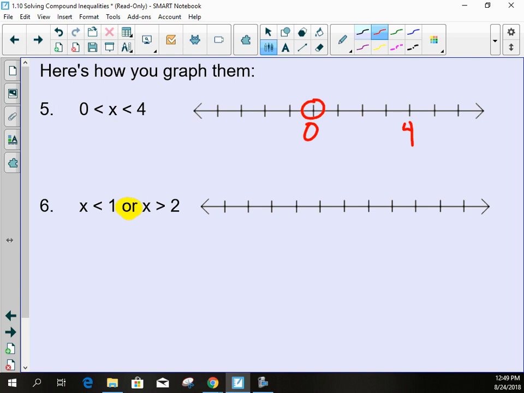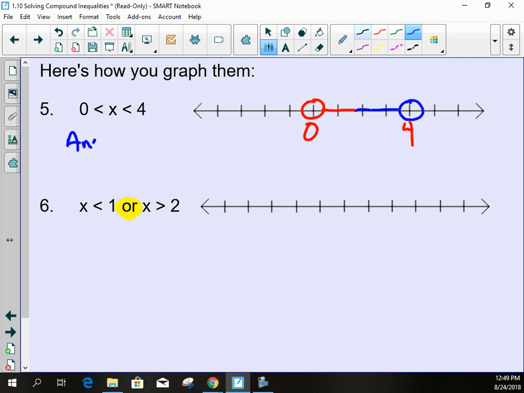Which way is bigger? To the right. Now, also, so don't go anywhere. Don't finish. Don't put an arrow. X is smaller than 4. What kind of dot do I put at 4? Open or closed? Now, which way is smaller than 4? That's it. There's no arrow because they connect.